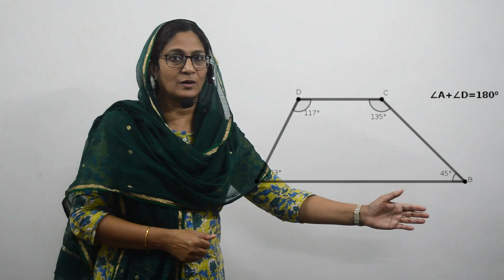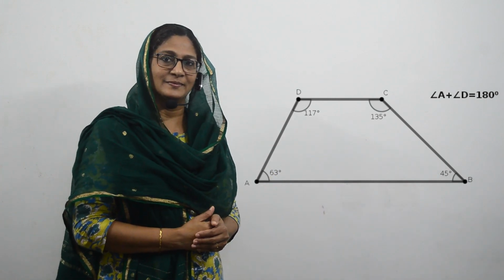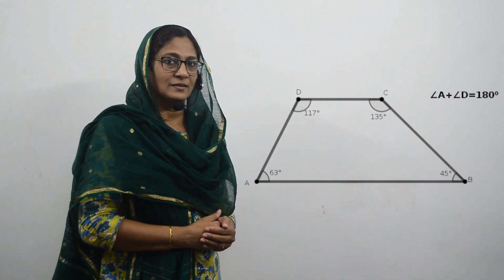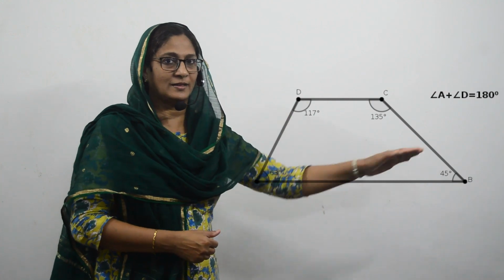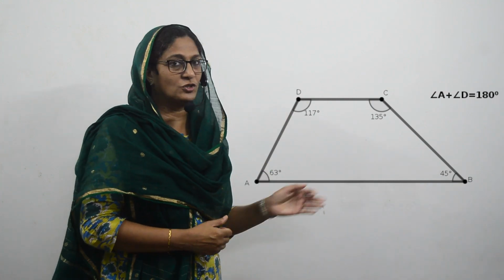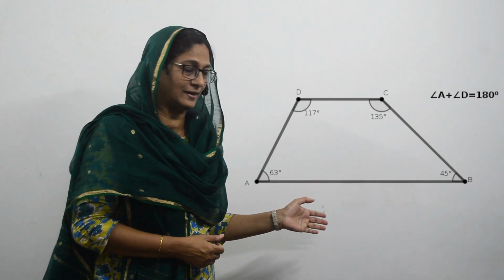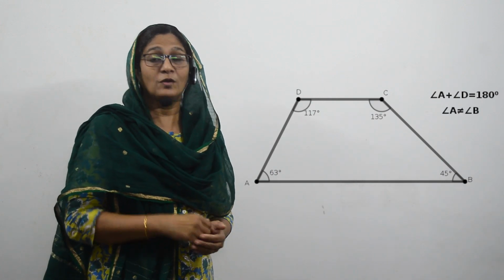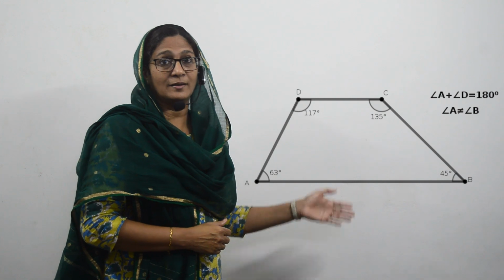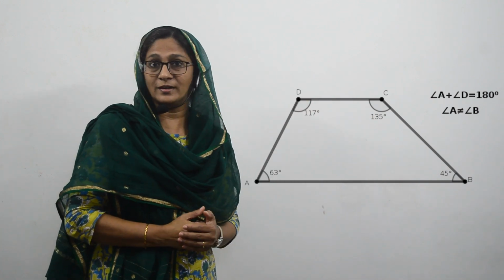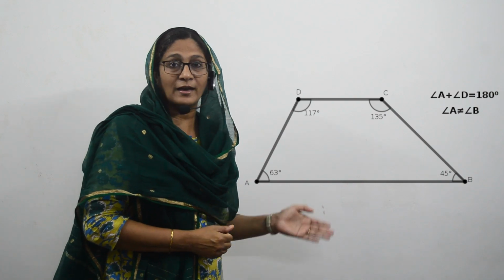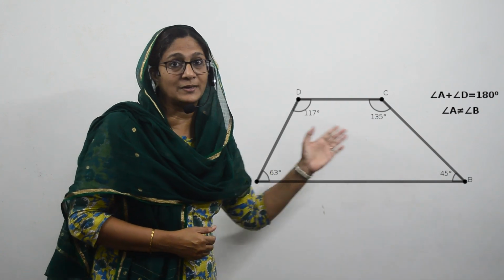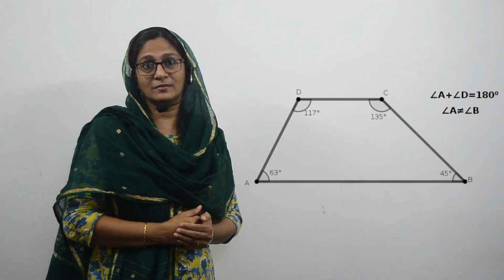Let us now think about angle B. Is angle A equal to angle B? The lengths of the two other sides are not the same. So surely the base angle A and the base angle B are different angles. Now we have already obtained the result that angle A plus angle D is 180 degrees. If angles A and B are not the same, can angle B plus angle D be equal to 180 degrees?